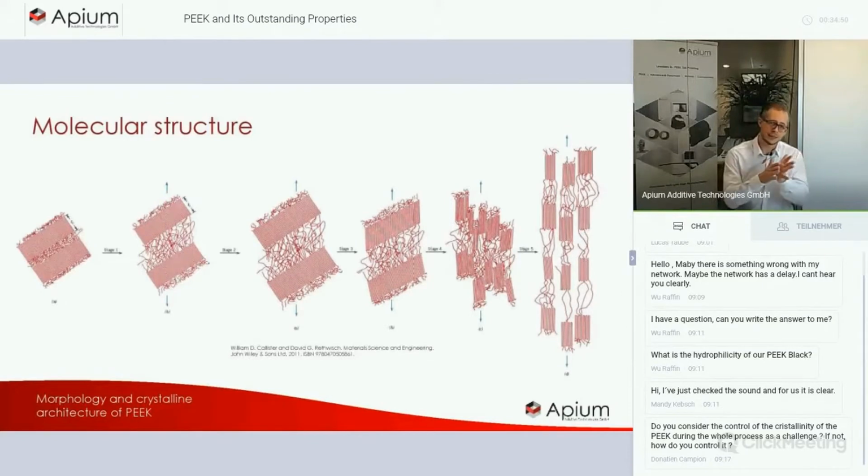But what we see then here is that different planes are starting to slip next to each other, and this is where we have the highest mechanical resistance of the part until it comes to the fracture of the crystalline structures, and this is where the part then finally breaks. So what I want to highlight here is that the semi-crystalline nature, and especially deformation of the crystalline phase, is absolutely key when it comes to the material performance of the parts.